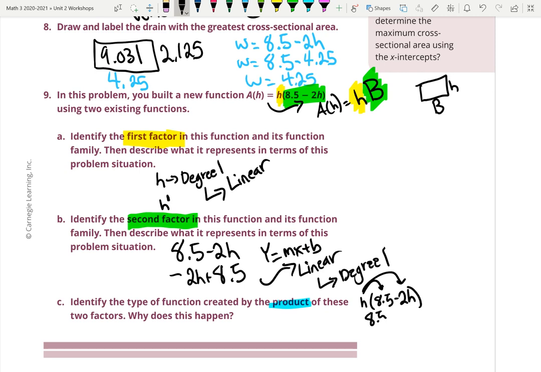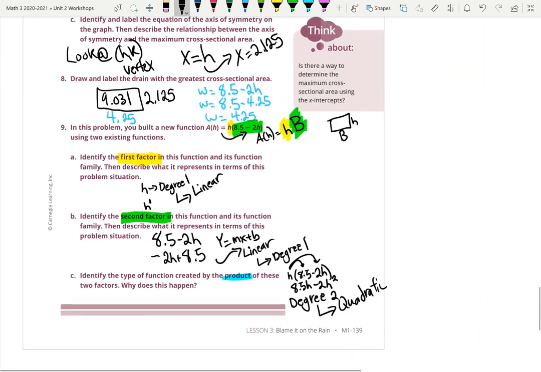Turns into 8.5h minus 2h squared, meaning that it is a degree 2, which means it's a quadratic. Boom. Why does this happen? Because when you multiply the same input by itself, it creates a square, creating the highest exponent, 2.